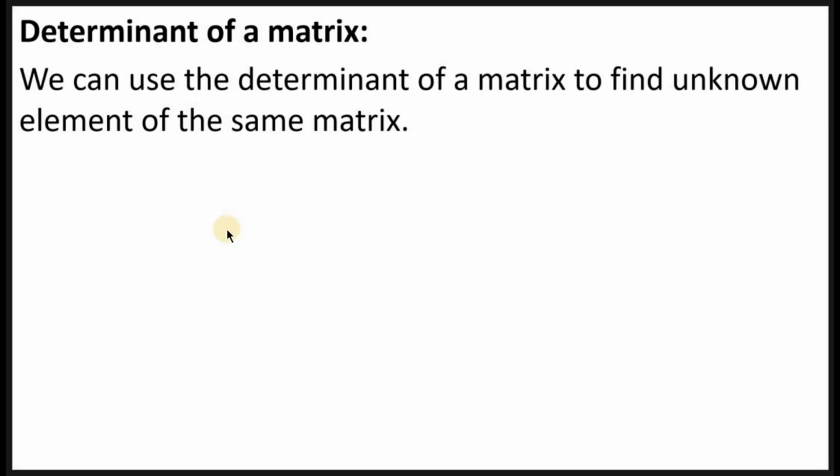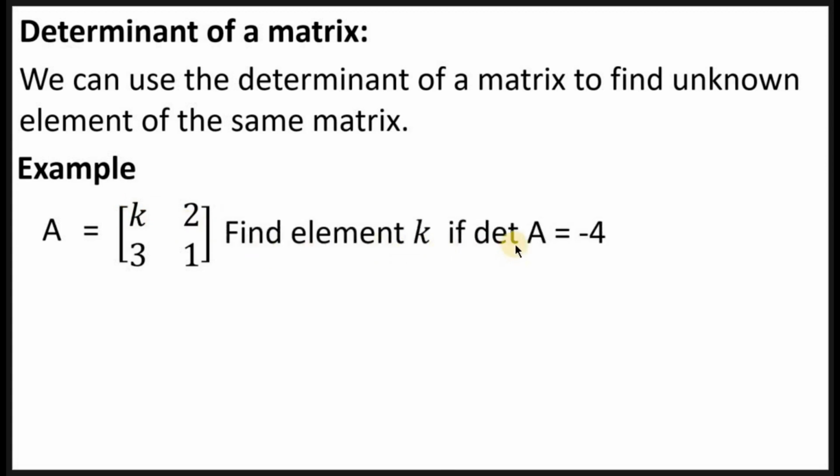An example is here where A is the matrix K, 2, 3, 1. So K is an unknown element. If they say find element K, if the determinant of matrix A is negative 4, then they're asking us to find element K. Remember, we said we can use this determinant to find an unknown element of this matrix.